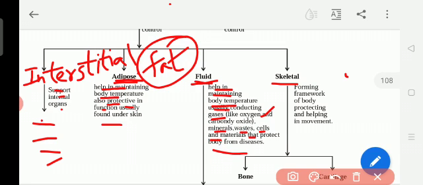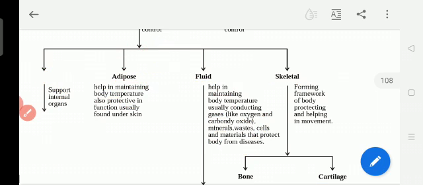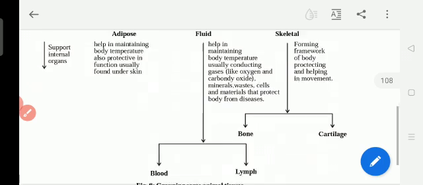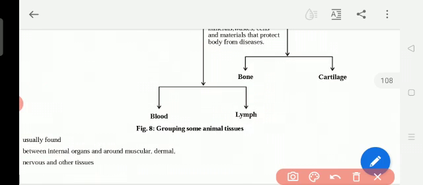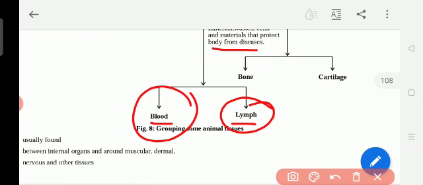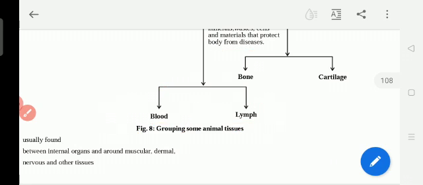One fluid is protecting us from diseases and waste materials, one fluid is conducting oxygen and carbon dioxide. In the fluid again we have two types, blood and lymph. Lymphocytes protect us from diseases, and blood helps us transport oxygen and carbon dioxide.